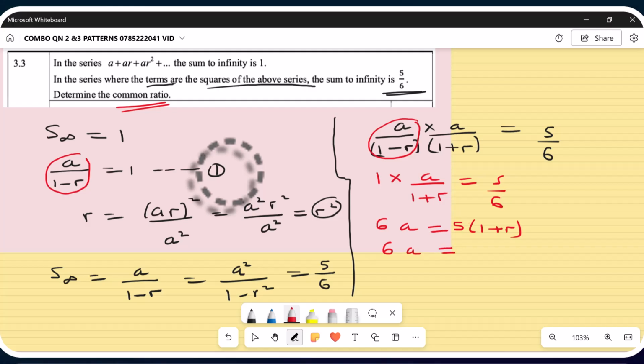Because I have the same base, 5 plus 6 gives 11r over 6. What about here? 6 minus 5 gives 1 over 6. In other words, my r equals 1 over 11. That's how we get the r which they wanted.